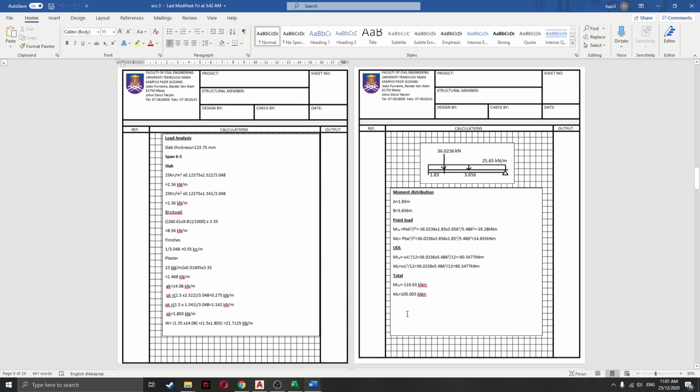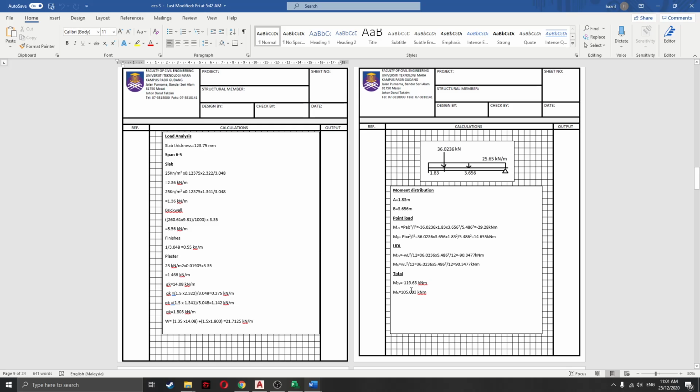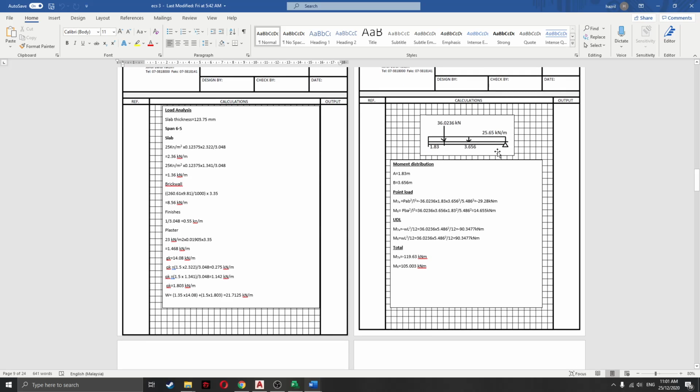Then I total up point load and UDL, I get negative 119.63 for 7A, 105.003 for 6M6.